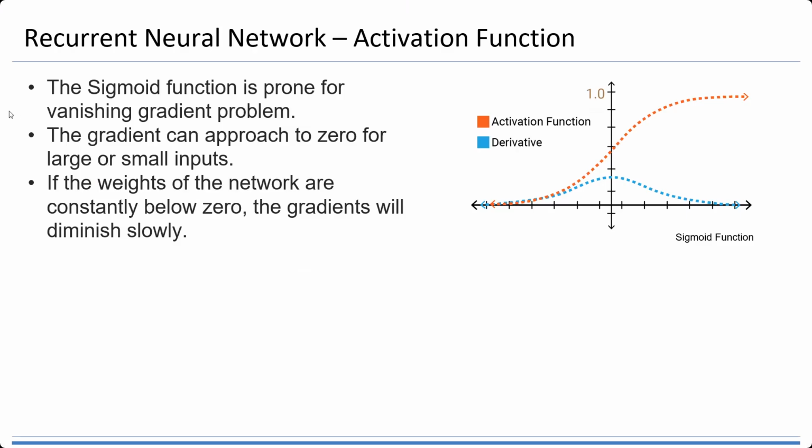The sigmoid function is prone to the vanishing gradient problem. The gradient can approach 0 for large or small inputs. If the weights of the networks are constantly below 0, then the gradients will diminish slowly. So if the gradient diminishes slowly, then you cannot get the optimum model.